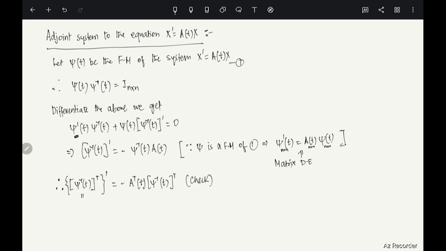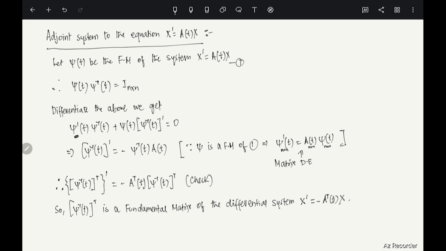Therefore one can say that the transpose of phi inverse of t is a fundamental matrix of the differential system x prime equals minus A transpose t times x.